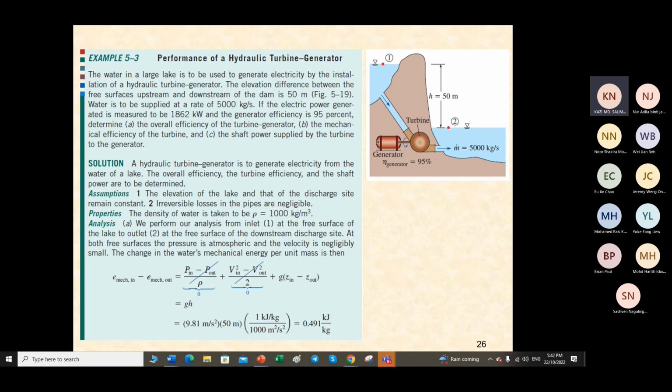So here you read the problem. This is the performance of a hydraulic turbine generator. Nowadays, people use the conservation of energy.